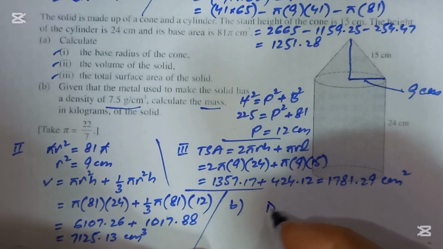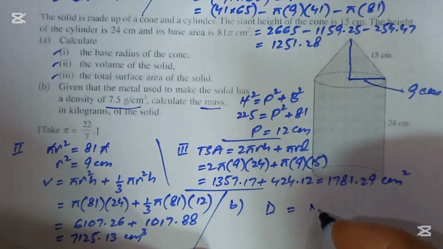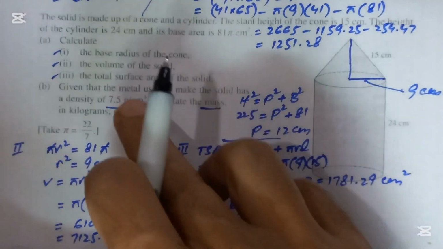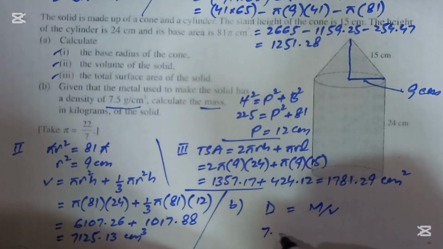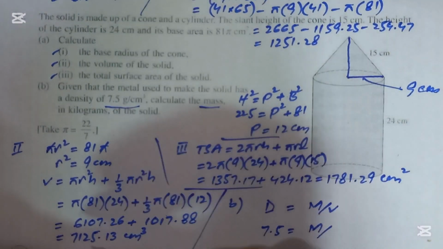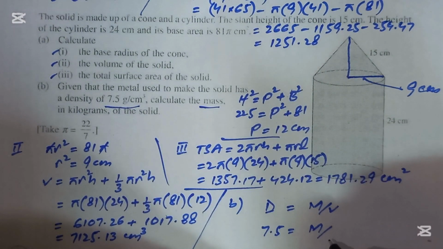So formula used will be density is equal to mass over volume. Density is given, that is 7.5. Mass is the requirement, and volume is 7125.13. Multiply these two values.